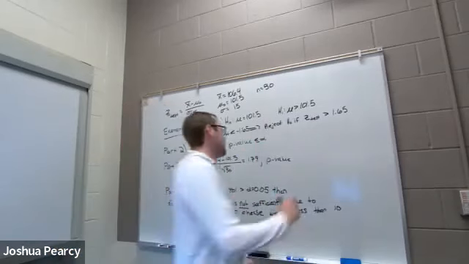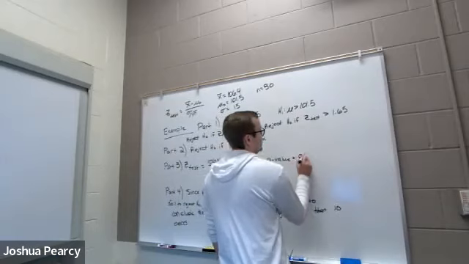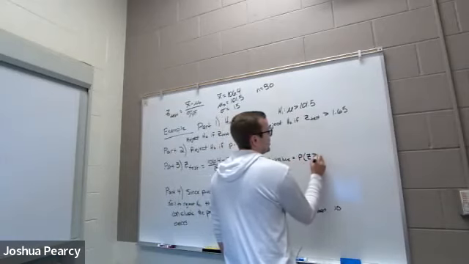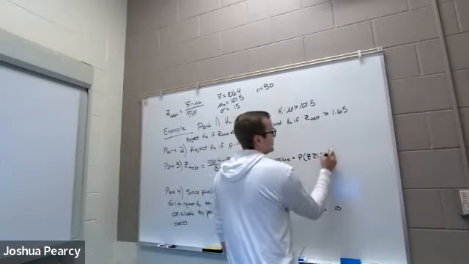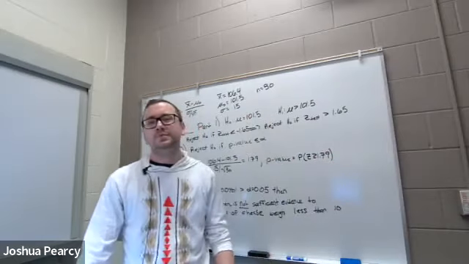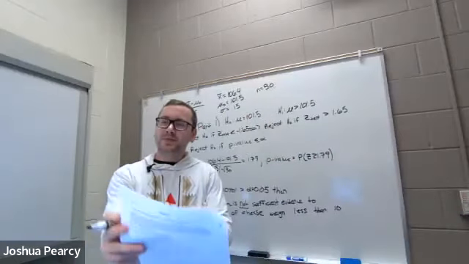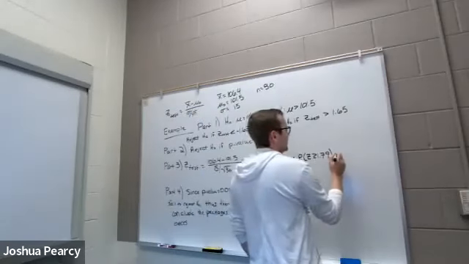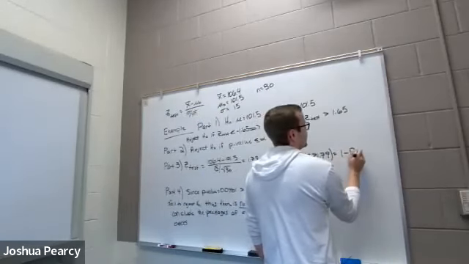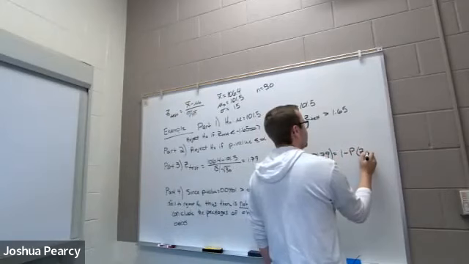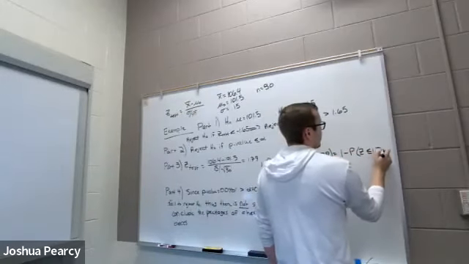So it's the probability of z being greater than 1.79, the area to the right of it. But your table only gives you the area to the left, so just take 1 minus the probability of z being less than or equal to 1.79.